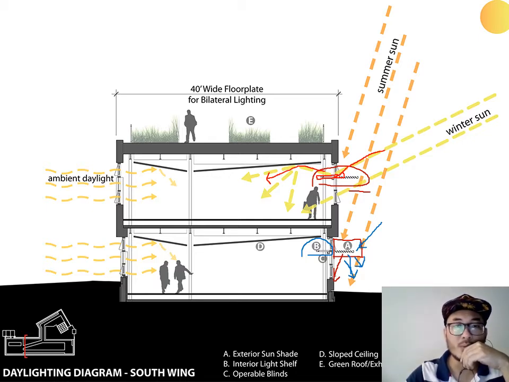So when you install a green roof with real grass and soil that have water in it, the temperature will be reduced, more than 50% of the heat coming from the sun.